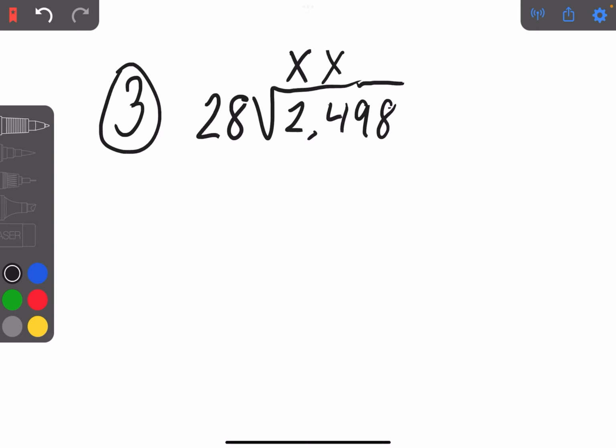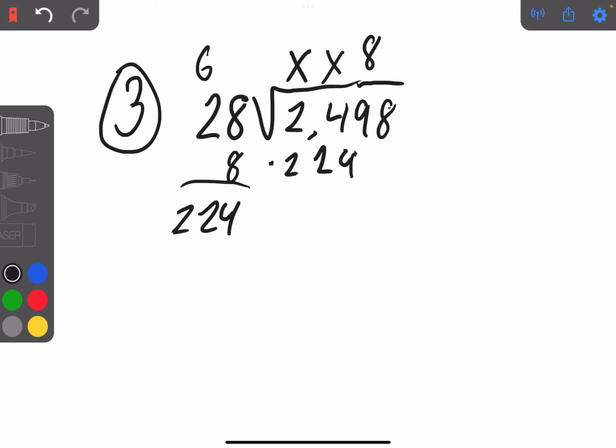So we can guess, well, if 28 times 9 is like 270, we can guess that it would be 8. So you're not always going to be sure, but you can always just multiply by a number and you'll eventually get there. So 224. So let's put our 8, minus 224.